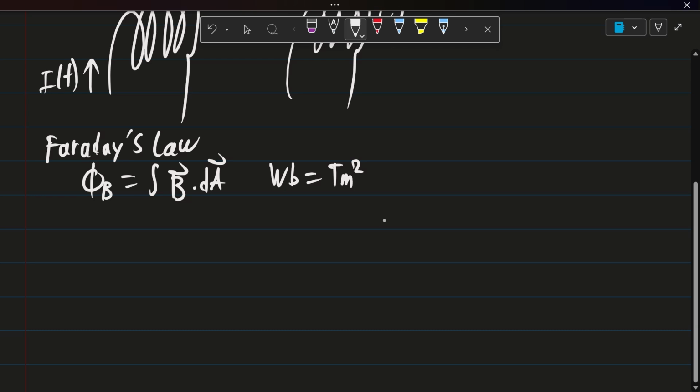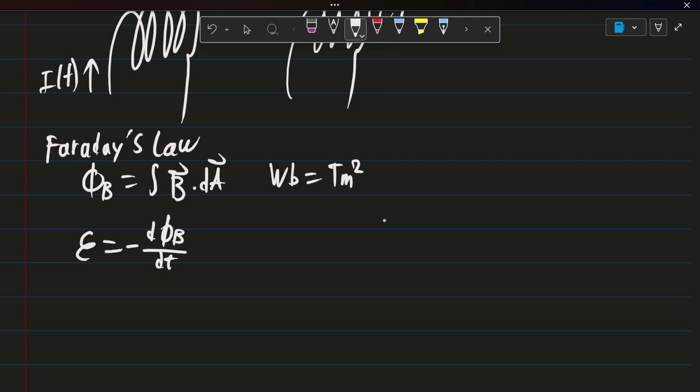So what is Faraday's law exactly? The way that it is defined in the textbook is that the electromotive force equals the negative of the change in the flux. But this electromotive force is very relative. It could be positive, it could be negative, depending on where you put your positive and your negative.